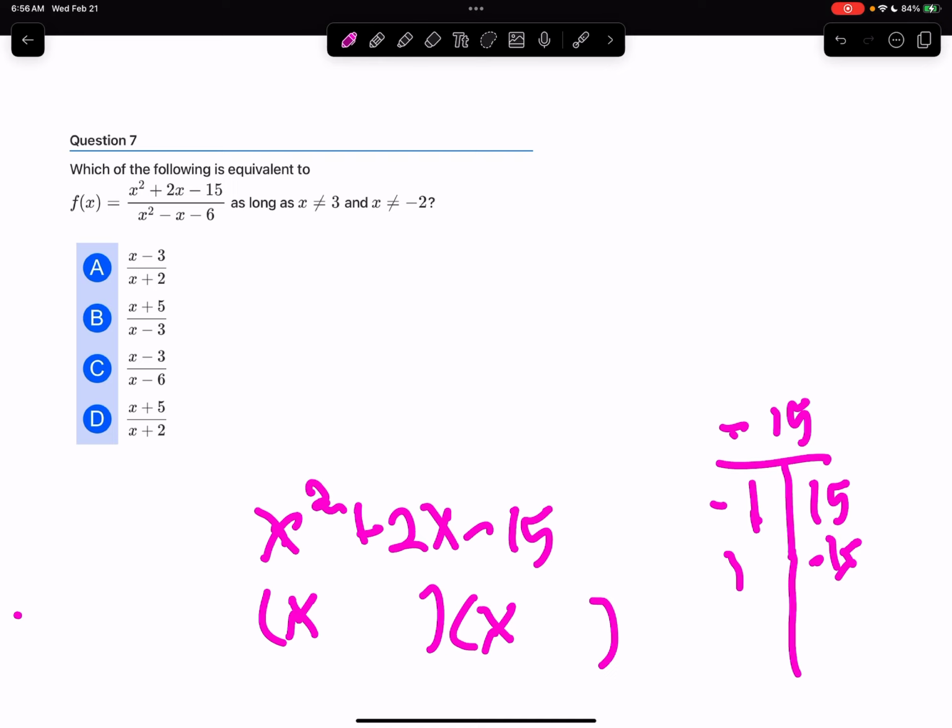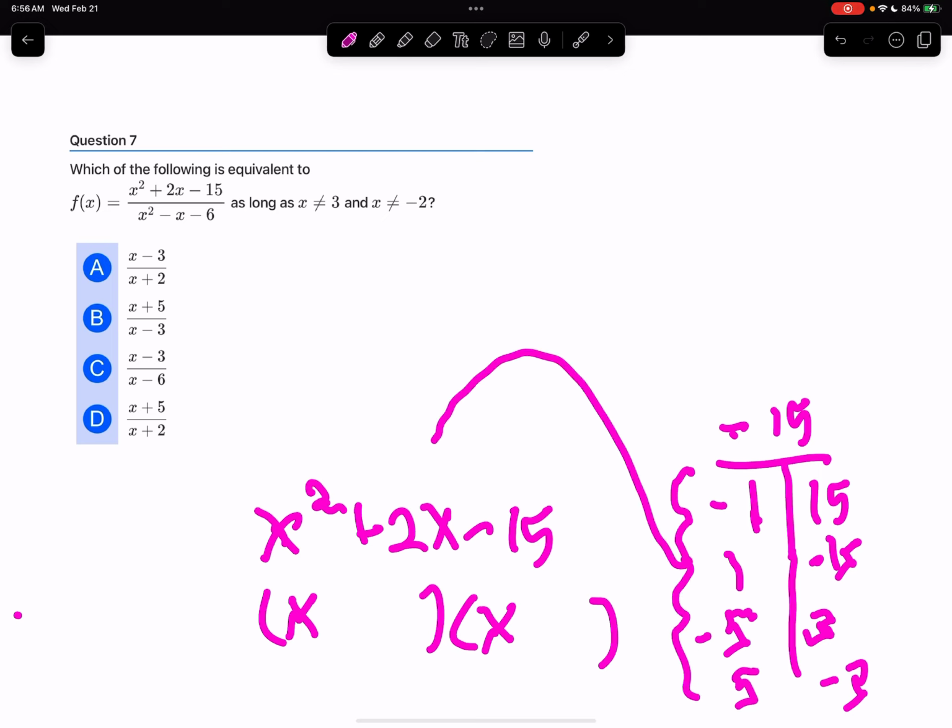Also 5 and 3, one of them being negative, or 5 and 3, the other one being the negative. So all four of those pairs give me negative 15. Which of those pairs also adds up to the middle number? The only pairs where the two numbers differ from each other are the bottom two, negative 5 and 3, and 5 and negative 3.